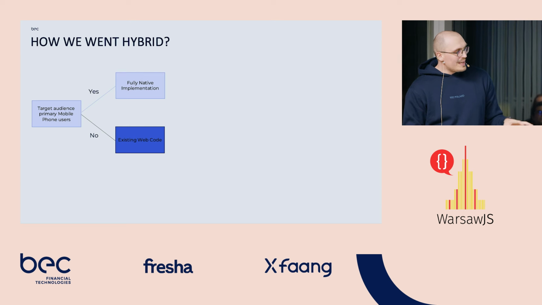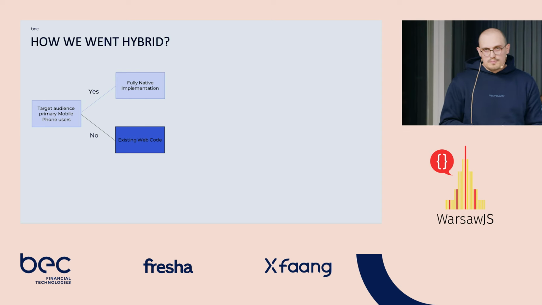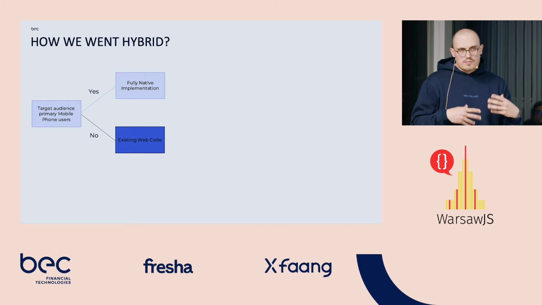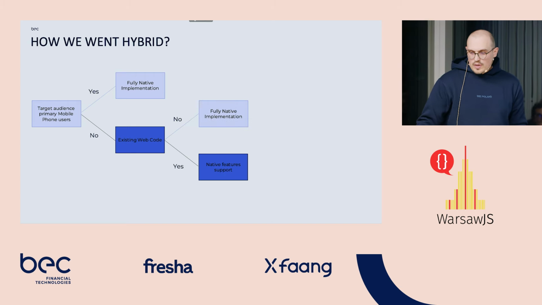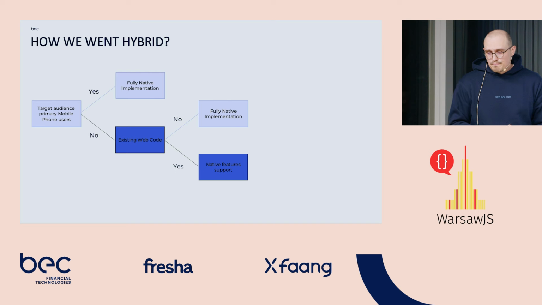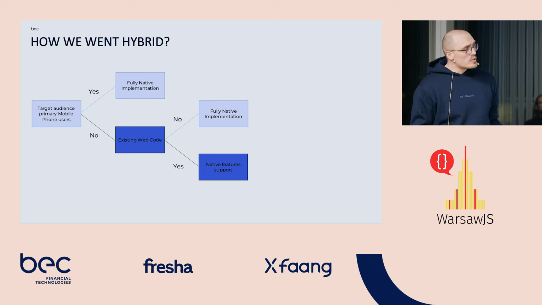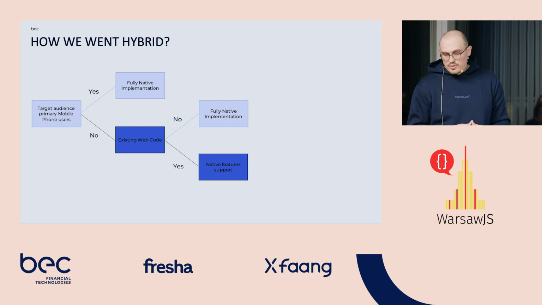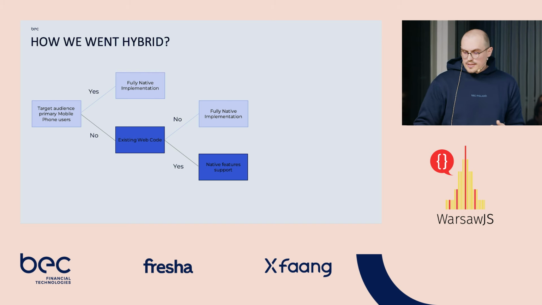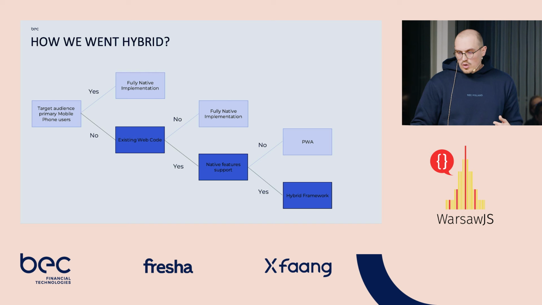That tells us that we should go a bit in the other direction. The next question was, do we need to support the existing web code? The code that we had written in JavaScript. For us, the answer was yes. The last question was, do we need to support native features? Again, the answer was yes. So we end up with a hybrid framework that we need to implement.